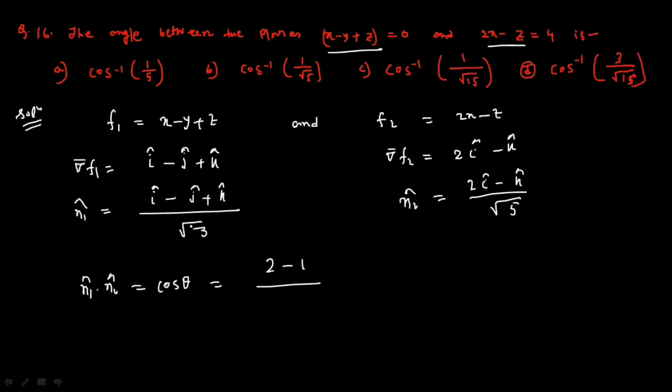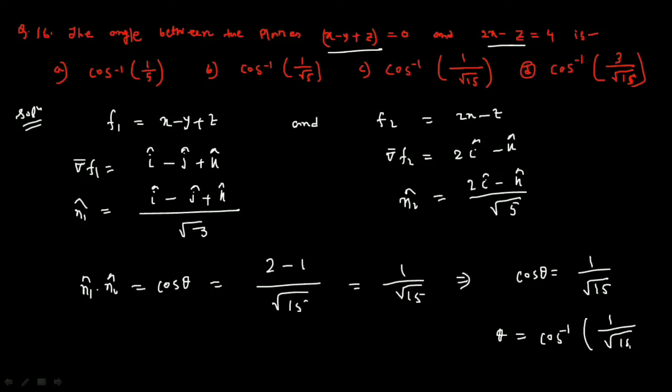Divided by the coefficients root 3 into root 5, which is root 15, so it will be 1 by root 15. So cos theta is equal to 1 by root 15, and that means theta is equal to cos inverse of 1 by root 15. Okay, so this will be the answer.